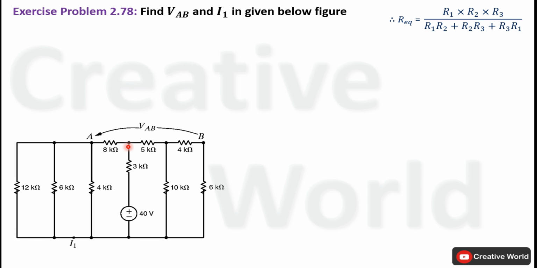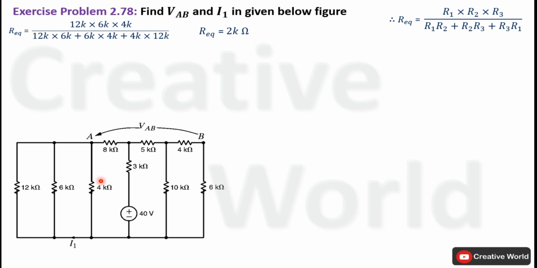In this case, R1 will be 12 kilo ohm, R2 will be 6 kilo ohm and R3 will be 4 kilo ohm. Place values inside the equation and solve to calculate R equivalent of these three parallel connected resistances, that will be 2 kilo ohm.